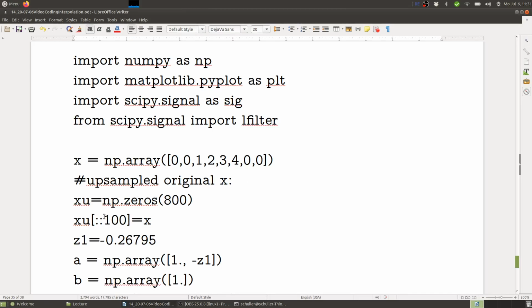So I'm taking actually 100 steps. So dt is now 1/100th to get more accuracy here. So the x is the same as this ramp function going back to 0 here. Then I plug it into my grid. So we have one sample, and then we have 99 zeros, next sample, and again 99 zeros, and so on, which is done here. So every 100th sample gets the x value.